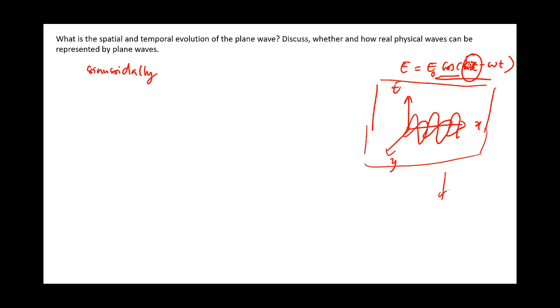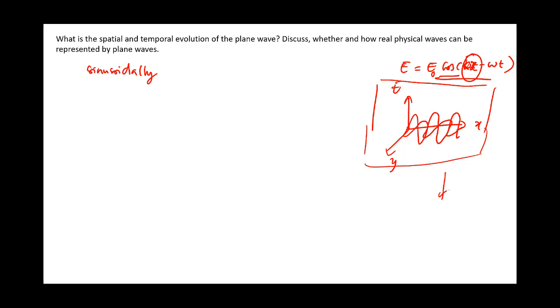But a plane wave like cosine kx minus omega t does not fall down. It is infinite, right? It only oscillates between -1 and 1. It doesn't get damped and die away somewhere. It's infinite in extent and time, so it cannot describe something that's physical.